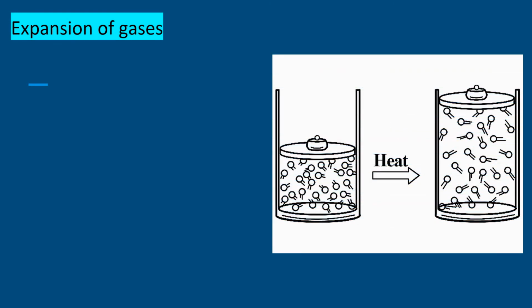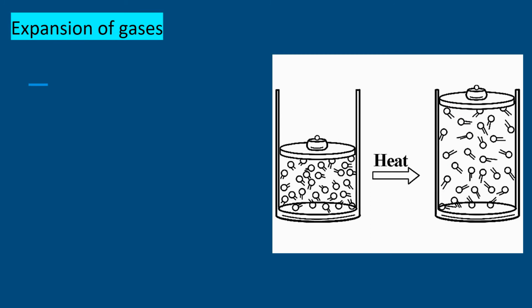Let's talk about expansion of gas. A gas does not have a fixed volume, so it expands on heating, but if the box is closed, the pressure inside the box increases. Let's observe this figure. Over here you have a chamber with a movable piston, or a movable cap, and we have gas in it. When we heat, the gas expands and the piston is pushed out.